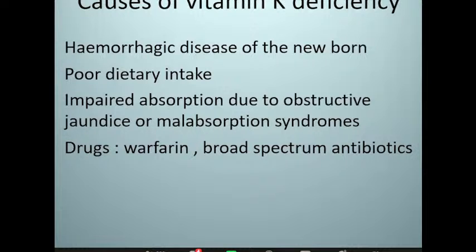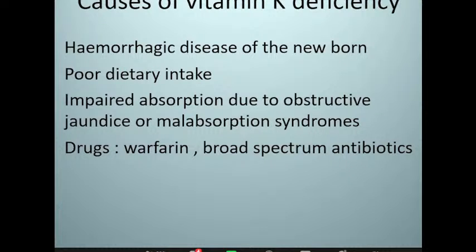So vitamin K deficiency we see in the newborn, what we call hemorrhagic disease of the newborn. It is also seen when there is poor dietary intake and in impaired absorption due to obstructive jaundice or malabsorption syndromes. And we may see an acquired vitamin K deficiency-like state when we use anticoagulants, which are known as vitamin K antagonists like warfarin.